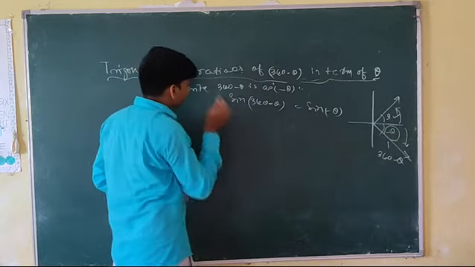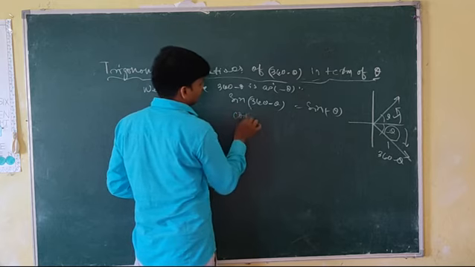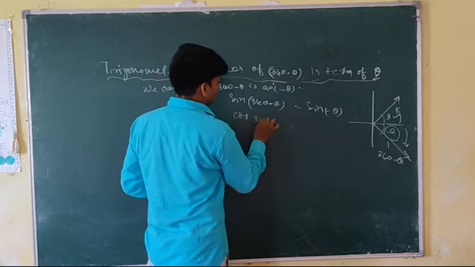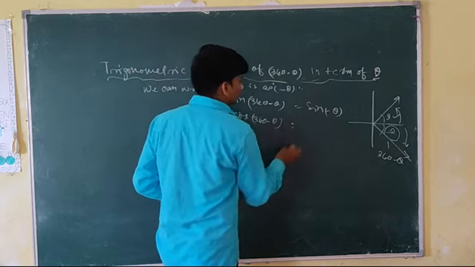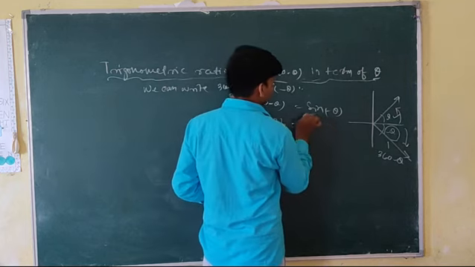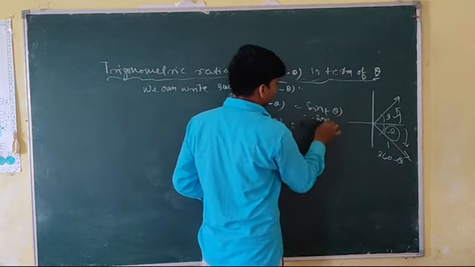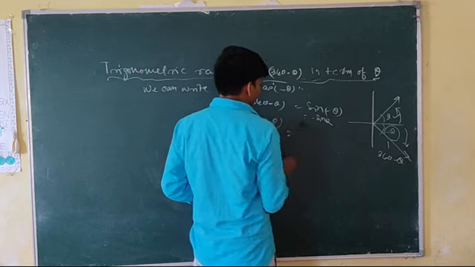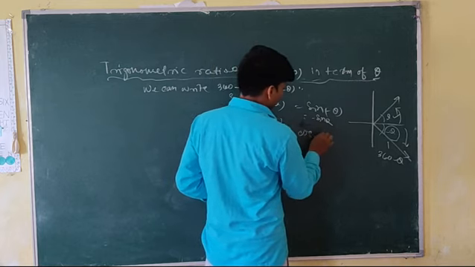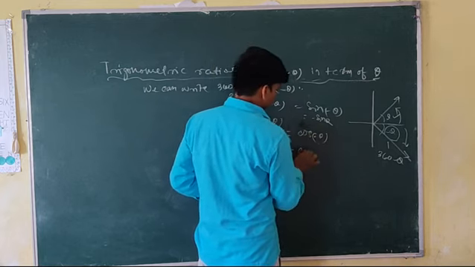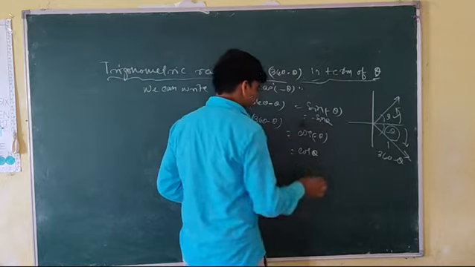Okay, now cos of 360 minus theta is cos minus theta, equal to cos theta.